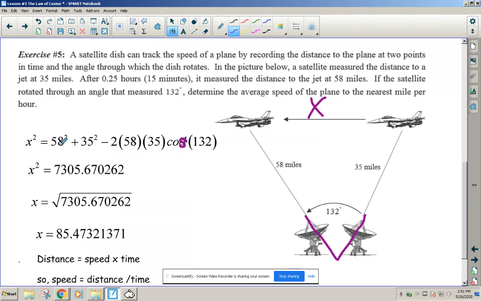So we fill in our formula, and then again, since the x is here, just like the first one, we can type this entire thing into the calculator, and we get this long number, square root. We find that this distance here, the plane traveled 85.5 roughly miles.